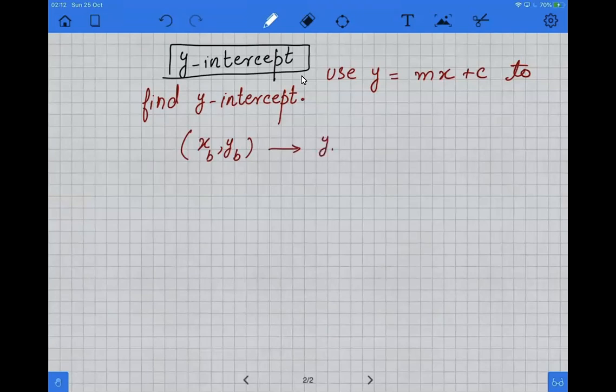For example, y best is equal to gradient of best fit line into x best plus c best.